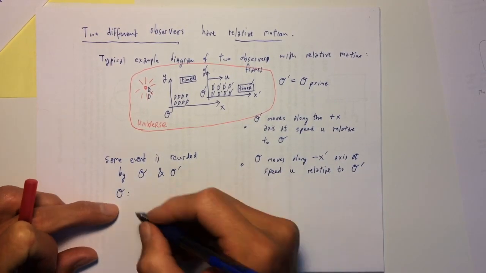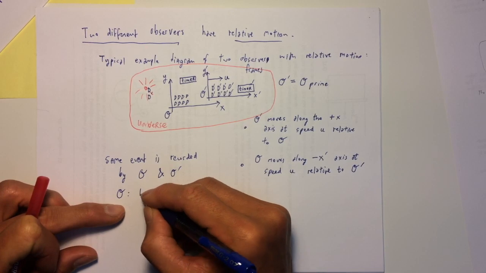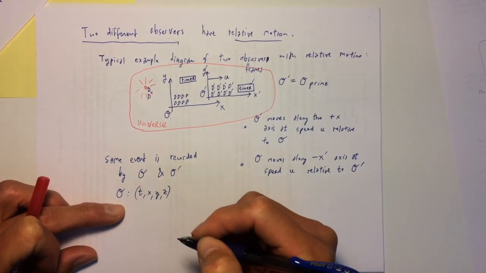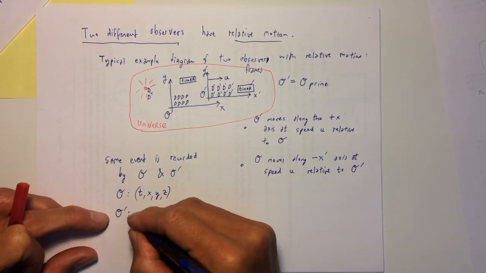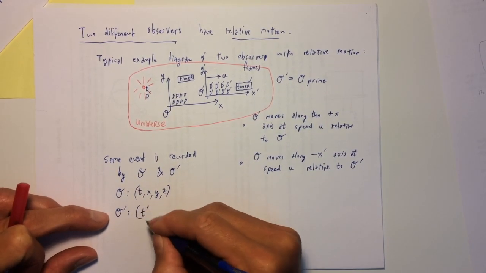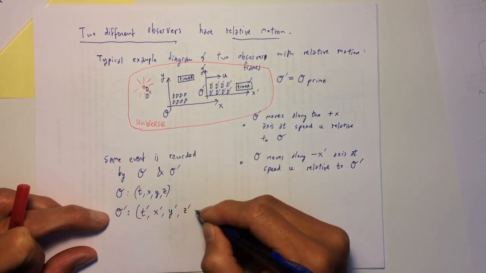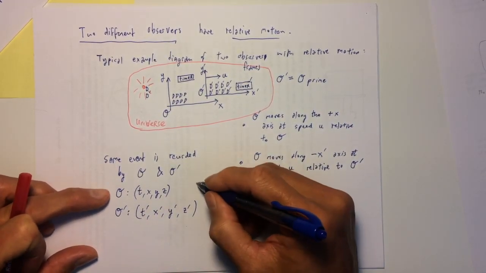O gives some data that the event has the coordinate t, x, y, z, but O prime gives the event a coordinate t prime, x prime, y prime, and z prime. Right?